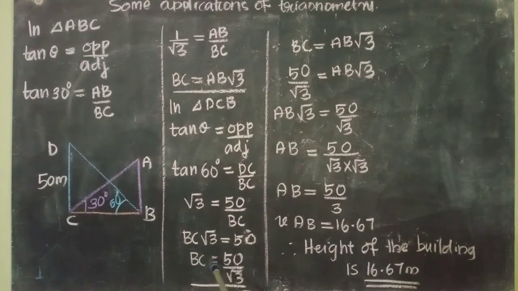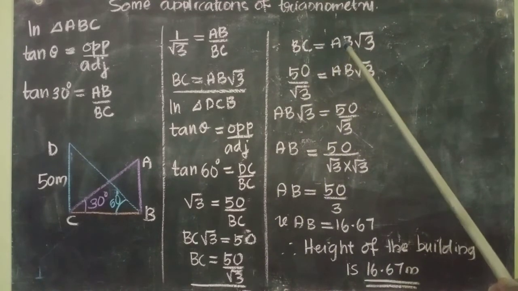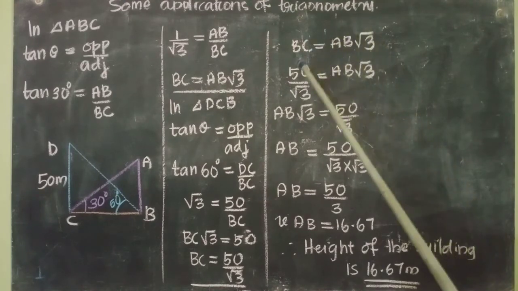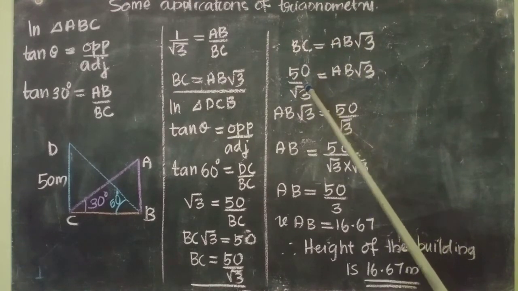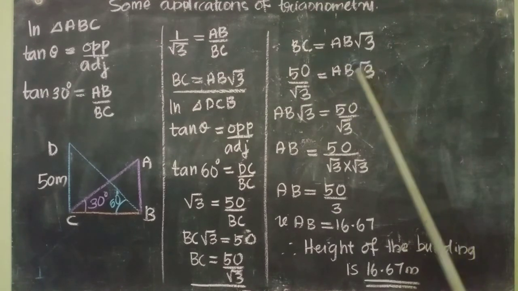Here we got the value of BC. Here we have written BC equals AB root 3. In this place, we can replace BC by 50 by root 3. So we can write BC equals AB root 3, that is, 50 by root 3 equals AB root 3.